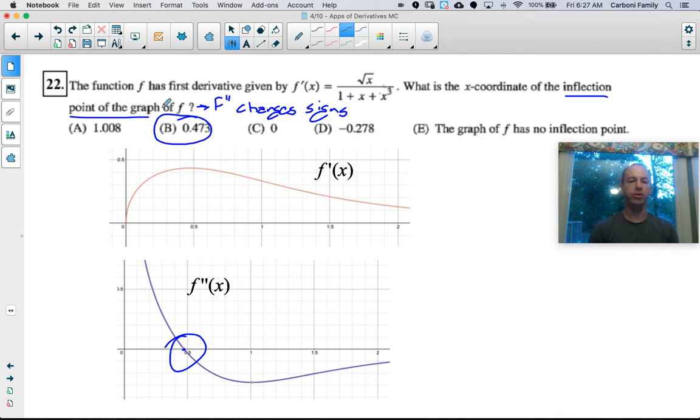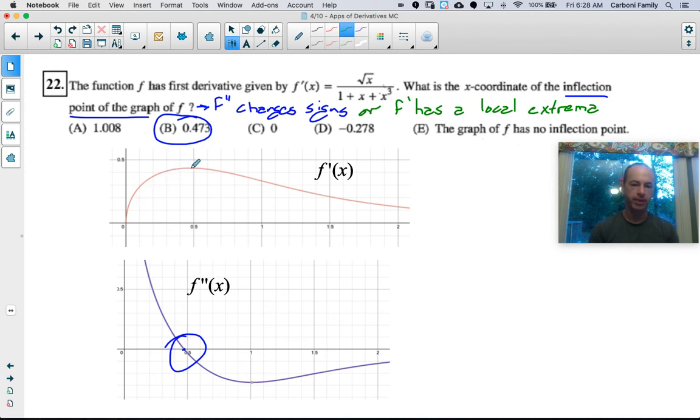If you are looking for an inflection point and you have the derivative, the other way you could find the inflection point is that your derivative has a local extrema. So if you're looking at the derivative and the derivative has a max or a min, that is going to be the location of an inflection point.